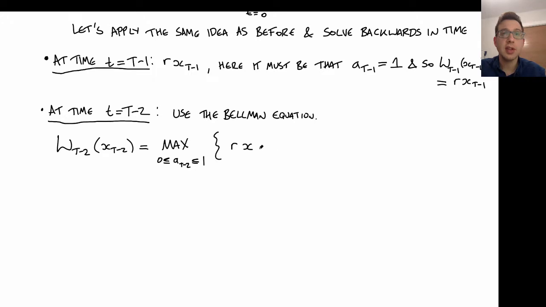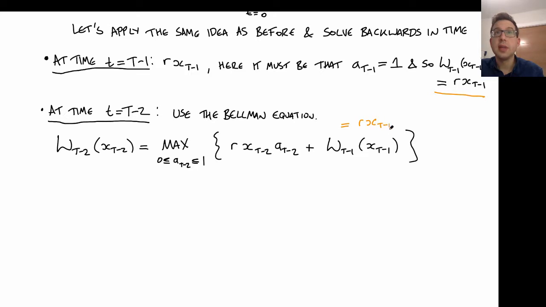That's all the interest that I get to consume, plus I'm going to end up in a new state at time t minus 1, x of t minus 1. And I know from up here that this is equal to r of x of t minus 1, so I can substitute this into the next line.